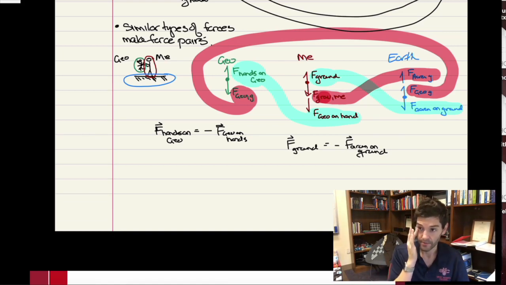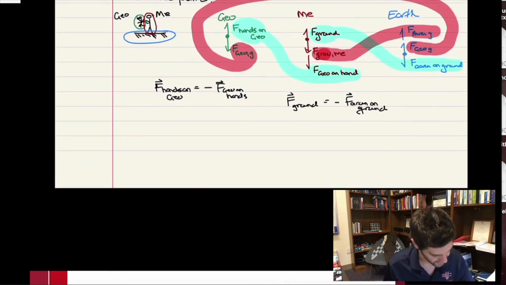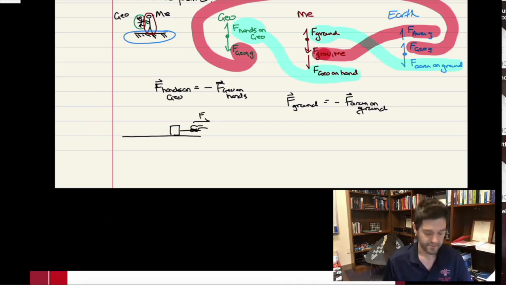And in the next lecture when I do some problems, these relationships will be helpful because I can then start to look at things like, I have a box which is attached to a rope that I'm pulling, say. So I am pulling with some force. If it was just one box, that's pretty straightforward, but what if that box is attached to another box, which is attached to another box?